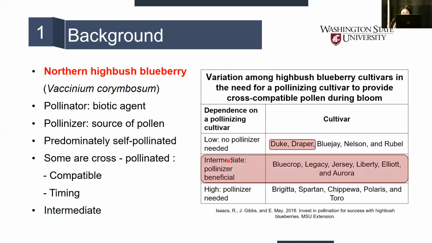Please look at this row in the table, intermediate. They can receive the pollen in the same cultivar to fertilize. And if there are other proper pollinizers, it will have a better pollination. Pollinizer is not necessary, but it's better to have.